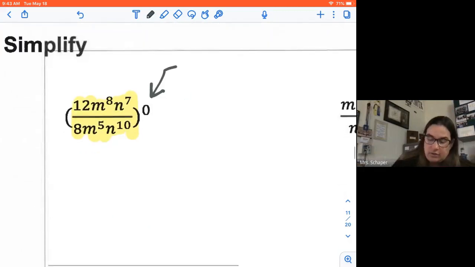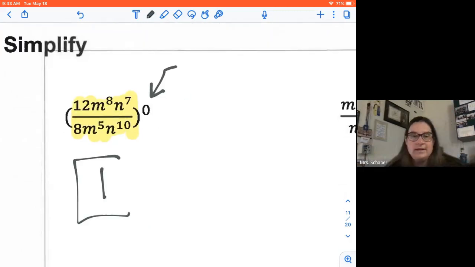Anything raised to the 0 power is equal to 1. So what we want you to be able to do is identify what the base is, because some of you might have spent time before you saw that 0 was the exponent, simplifying the 12 and the 8 and the m to the 8th, m to the 5th, and n to the 7th, n to the 10th, and you don't have to do that. If you know that 0 is the exponent, you can just say it's 1.